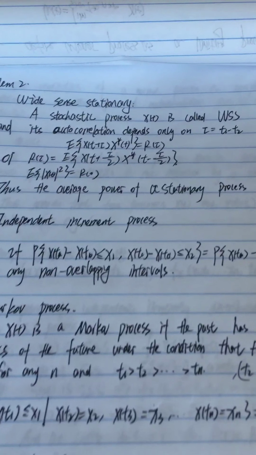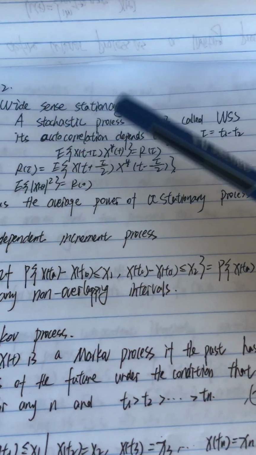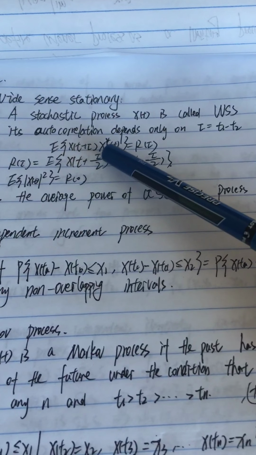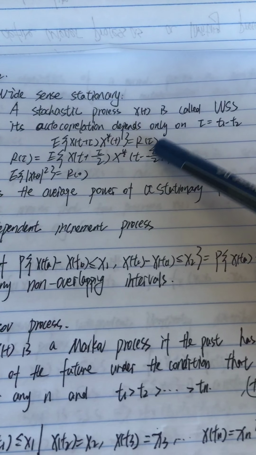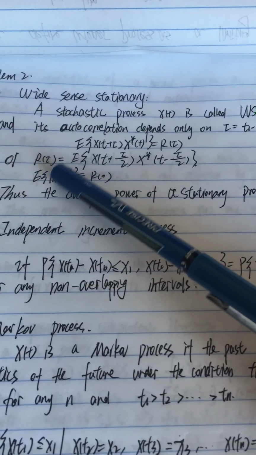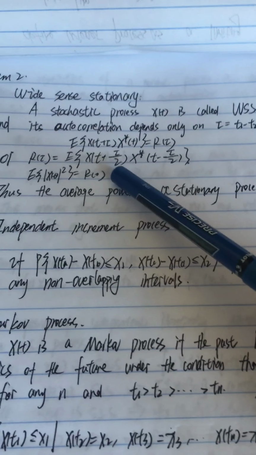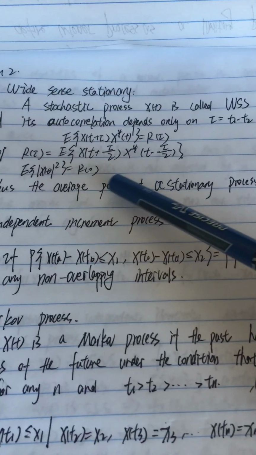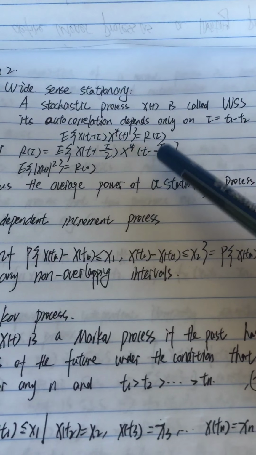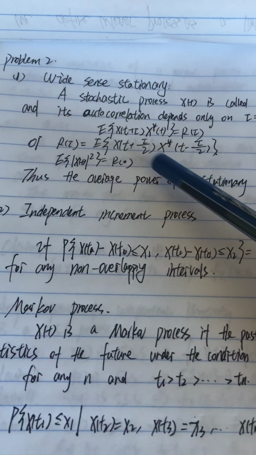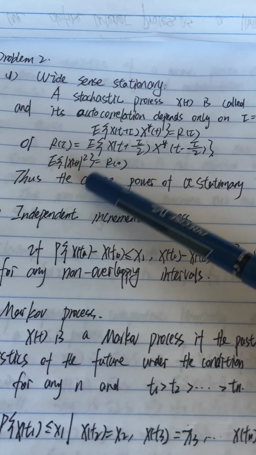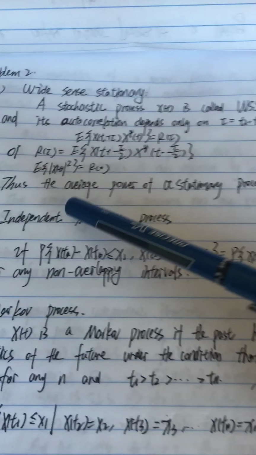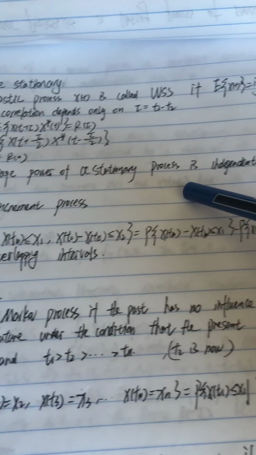Another property is that the mean of x(t plus tau) times x star(t) is equal to r(tau). And the mean of x(t) squared is equal to r(0). That means the average power of a stationary process is independent of the time t.